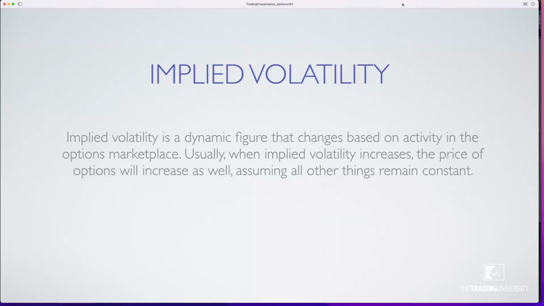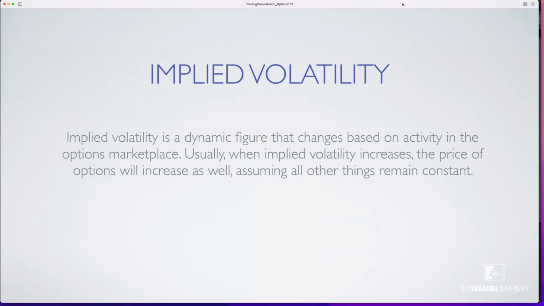So implied volatility is a dynamic figure that changes based on the activity in the options marketplace. So usually when implied volatility increases, the price of the options will increase as well. So if you are the owner of an AMD option at $3 per contract, and an event happens in the marketplace, or it's right at the open where there's a lot of volatility, you'll see the price of that option jump.